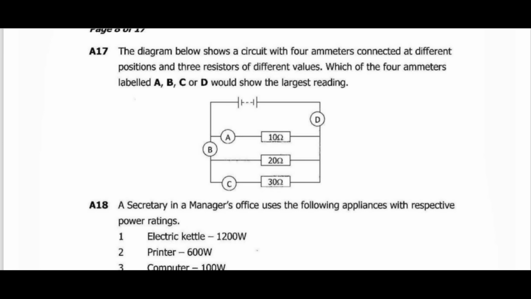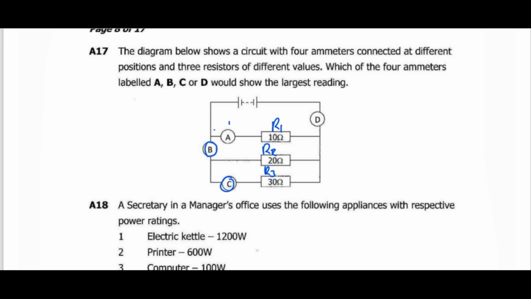Now let's look at ammeter A. Ammeter A is only measuring the current that is passing through this resistor 1. Ammeter B is measuring the current that is passing through resistor 2 and resistor 3. Ammeter C is only measuring the current that is passing through resistor 3.